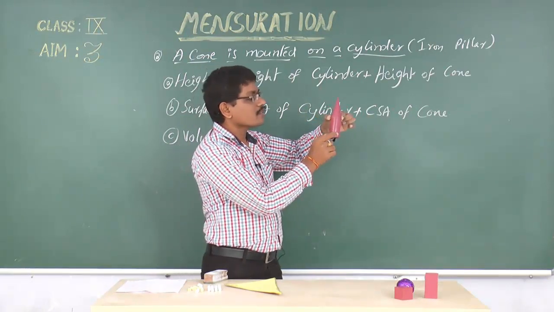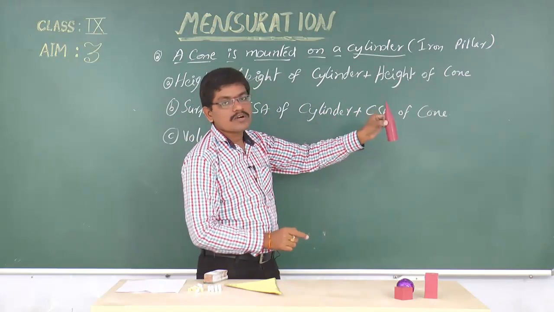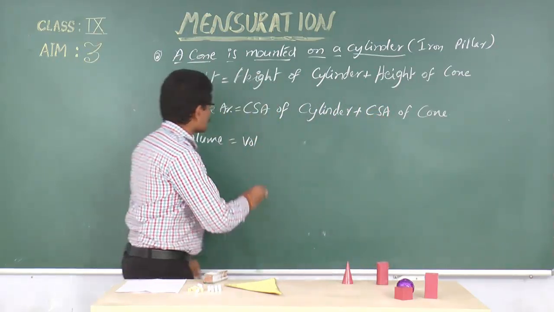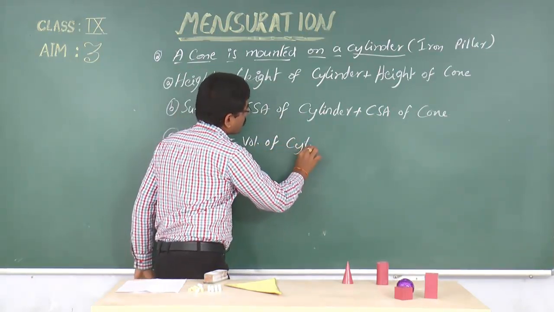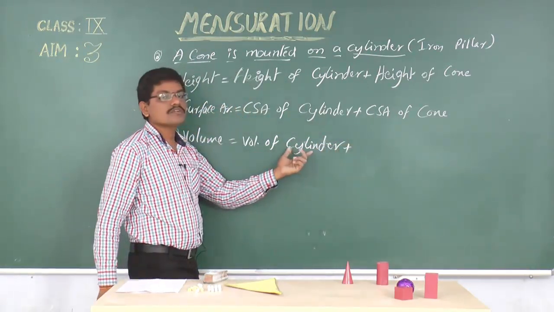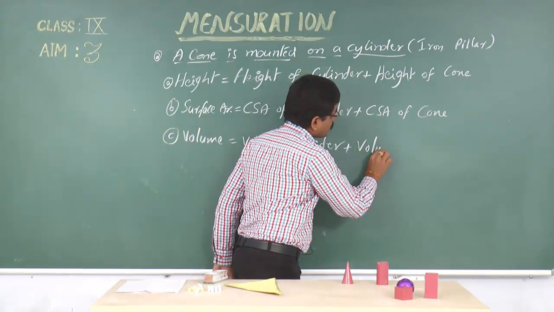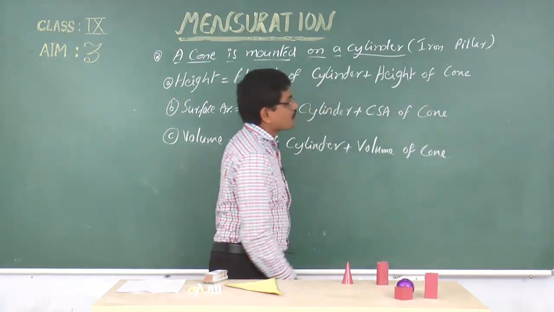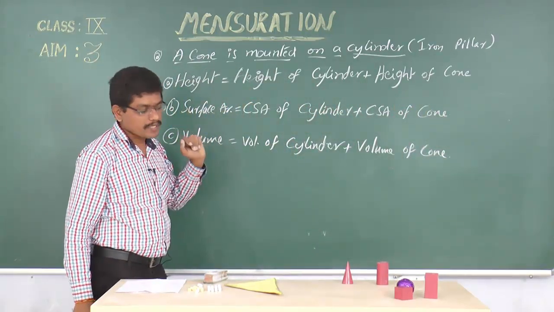So add the volume of these two solids, we will get the total volume of the new solid. Volume of cylinder plus volume of cone. So this is about the iron pillar.